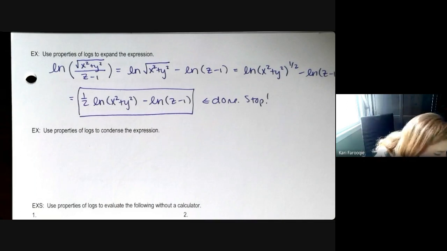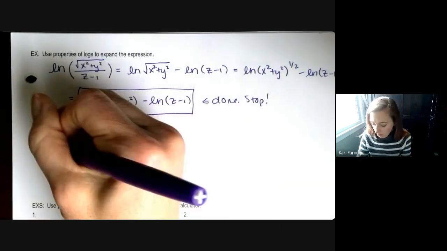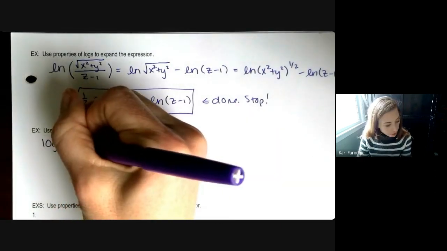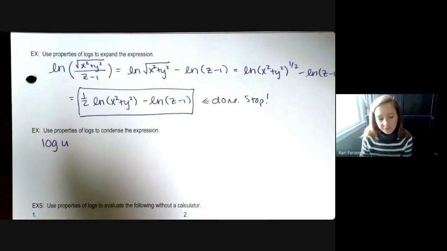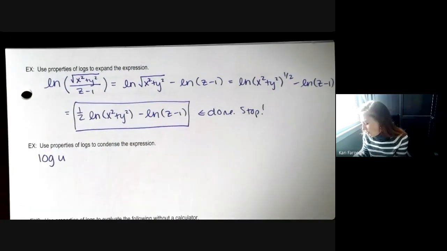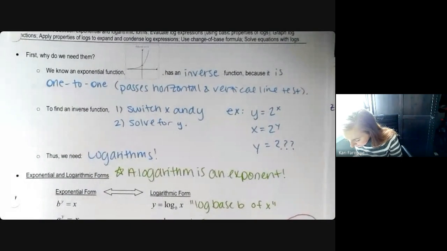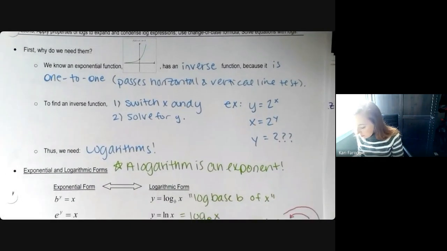All right, we're going to use properties of logs now to condense an expression. So we're going to go the opposite direction. I have log of u. By the way, this wasn't mentioned, I don't think. It was not mentioned. I'll write a note off to the side here.